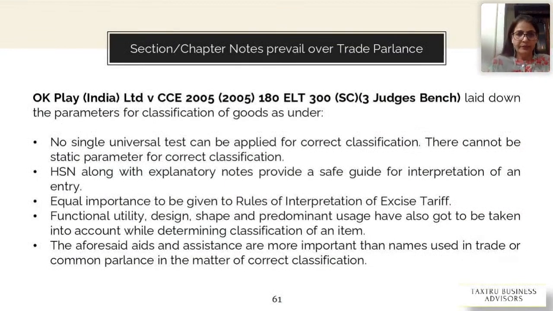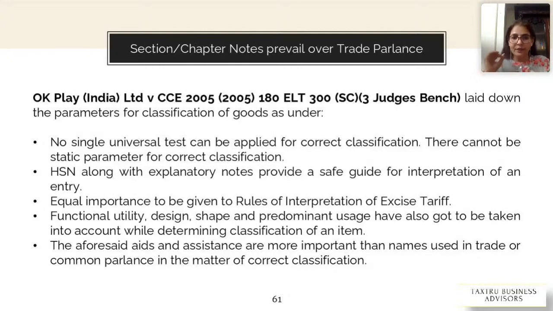In the Okay Play India Limited case, it was laid down that the parameters for classification of goods are as follows. No single universal test can be applied for correct classification. Obviously, there cannot be a blanket formula, and different things have to be considered before finalizing any classification. So there cannot be a static parameter for correct classification.